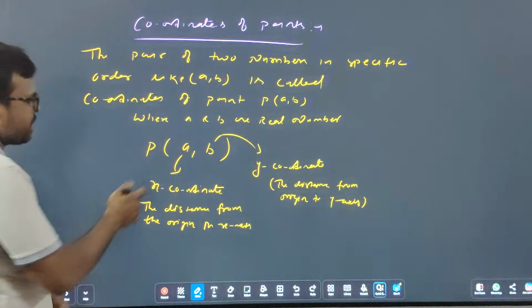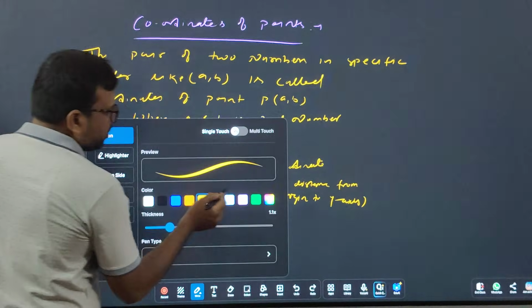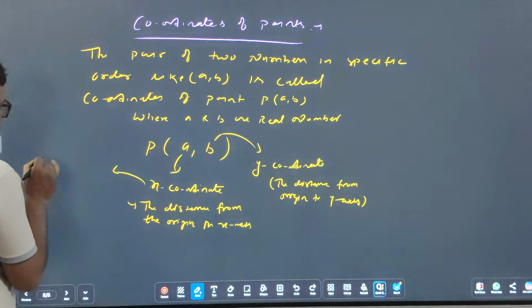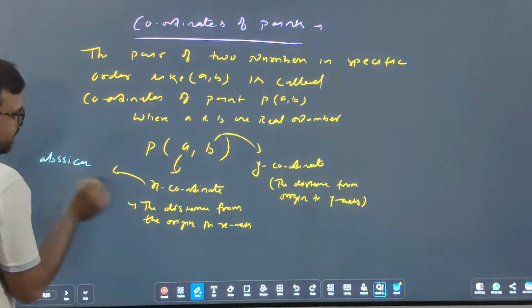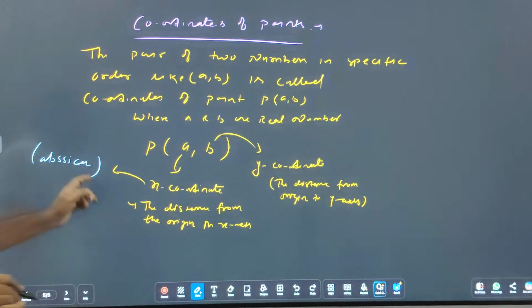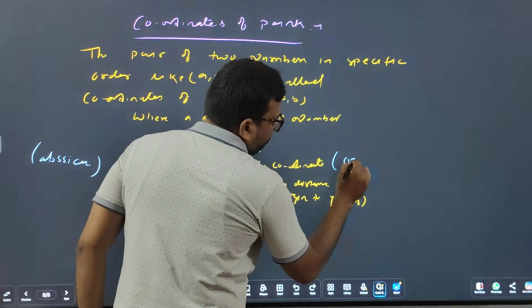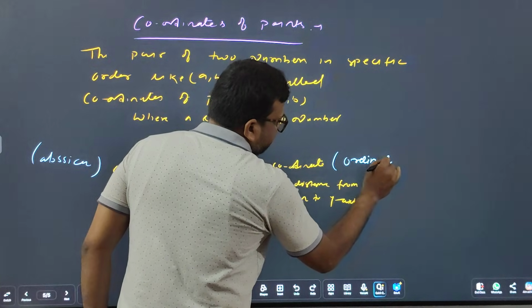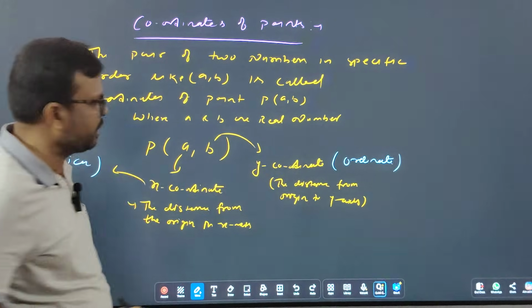Later on it is also named by another name, abscissa. That means x coordinate is also called abscissa, and y coordinate is also called ordinate. Okay.